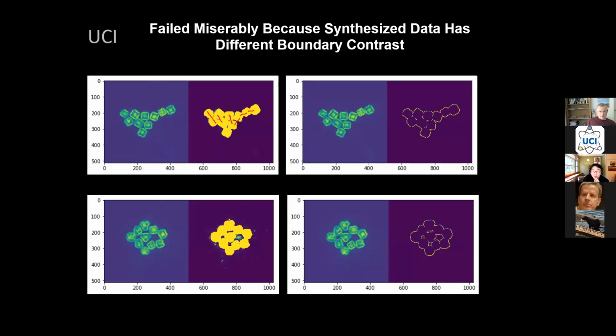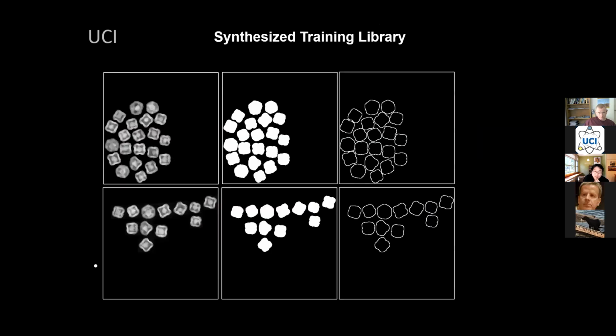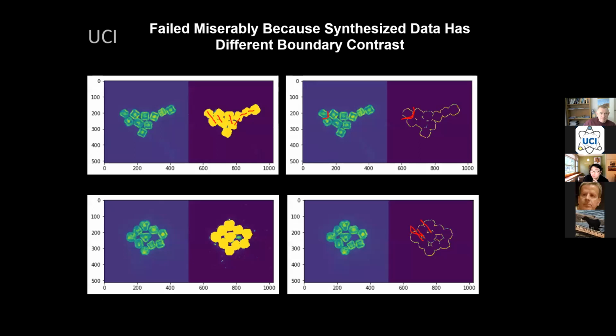And here, I want their boundaries to be highlighted so I can segment them out. But here, there's no intensity between the boundaries when they're attached together, right? This is because in my training set that I put together, this is simulated data, their boundaries don't exactly look like the experimental images. So what can I do?